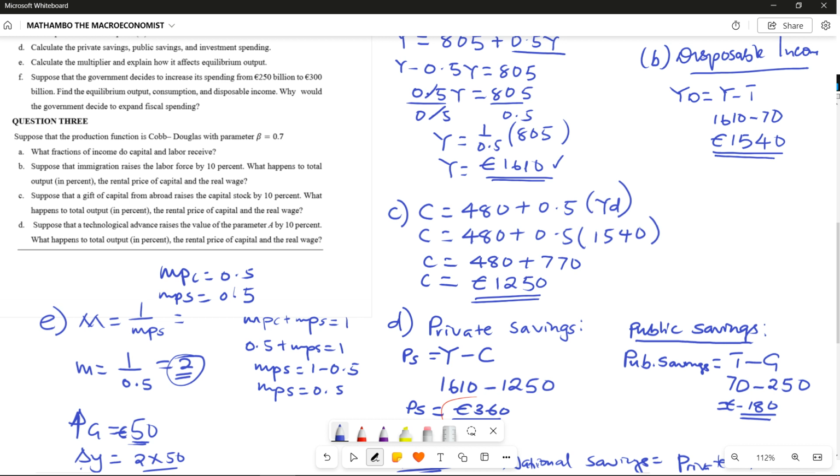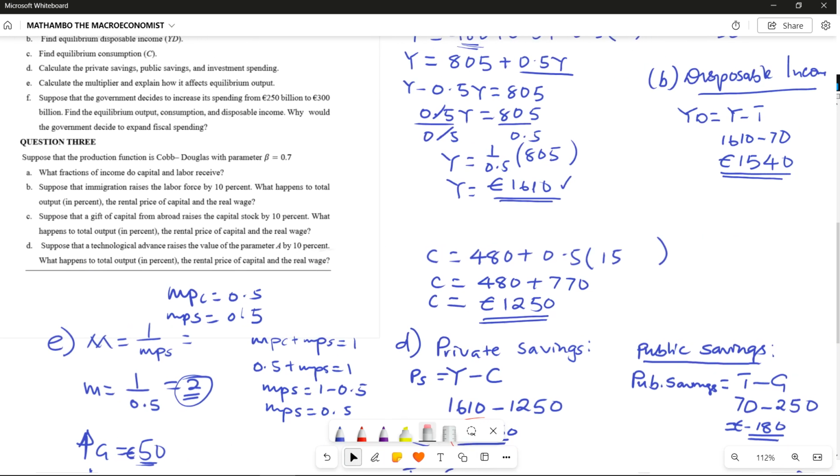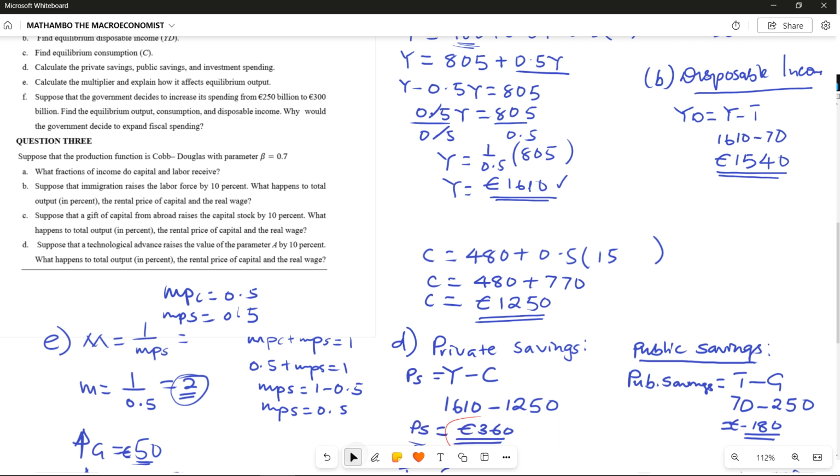Now let's go back to the calculations. I will erase this part so that I can use it to solve.